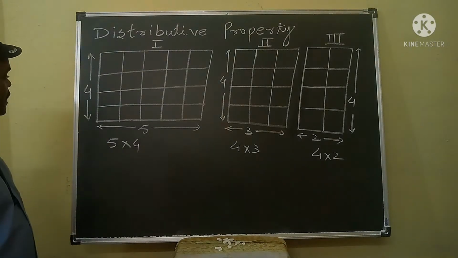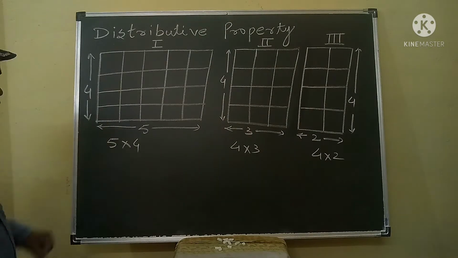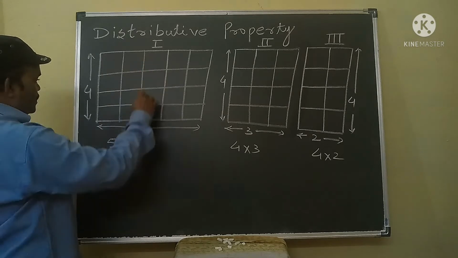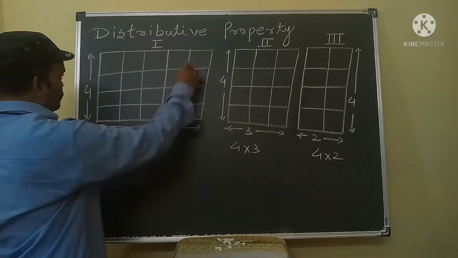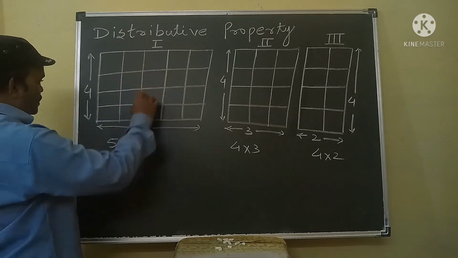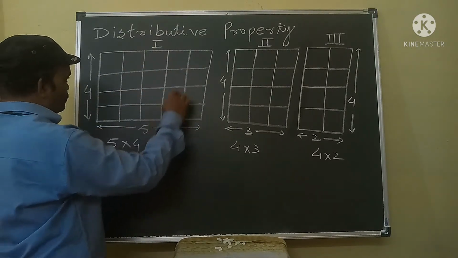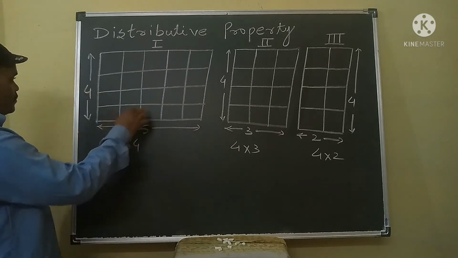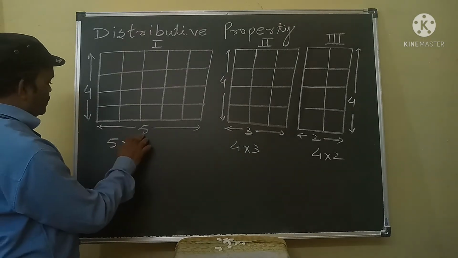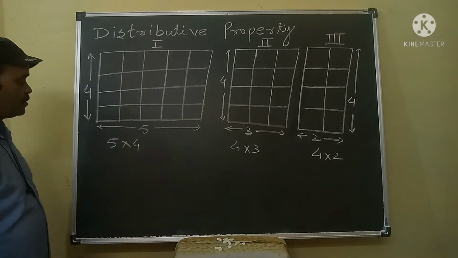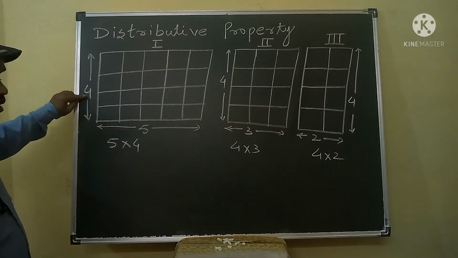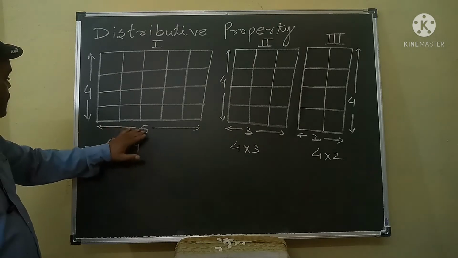Then we will count all the columns. This is the first column, second, third, fourth, and fifth column. In this big block there are 5 columns, so I wrote 5 here. 4 lines and 5 columns.